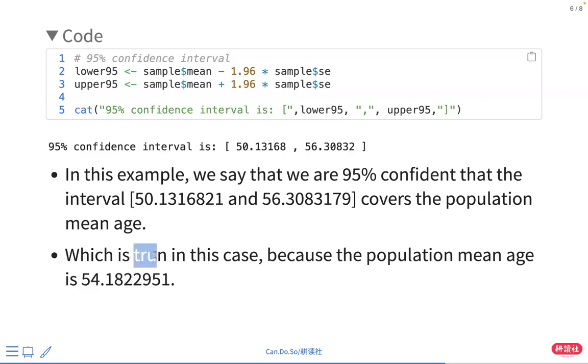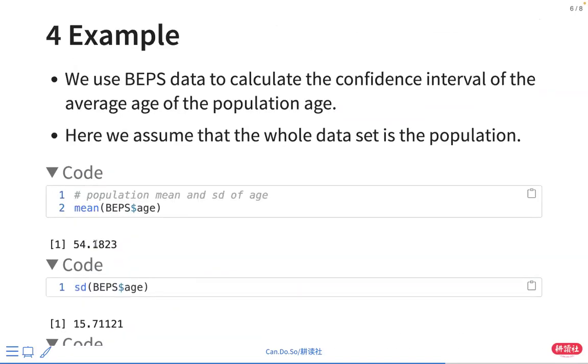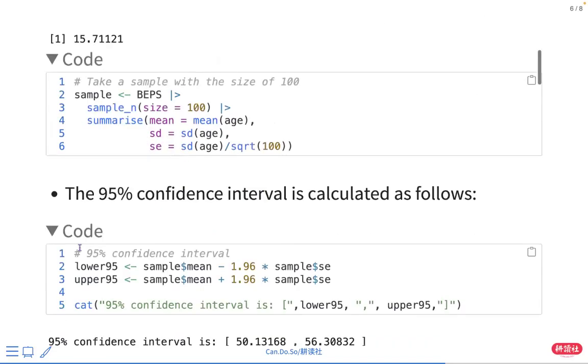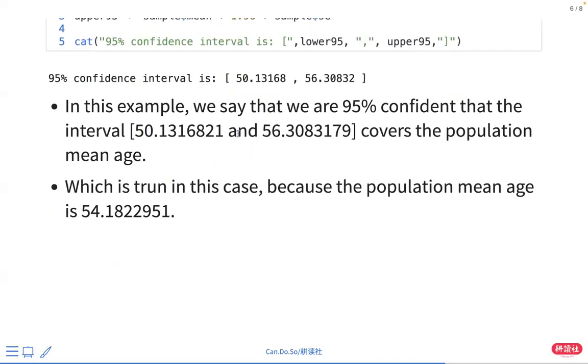Sorry for the typo. The population mean age is 54, so it's in this interval. You can see that the population mean is 54, so it has been covered by this interval.